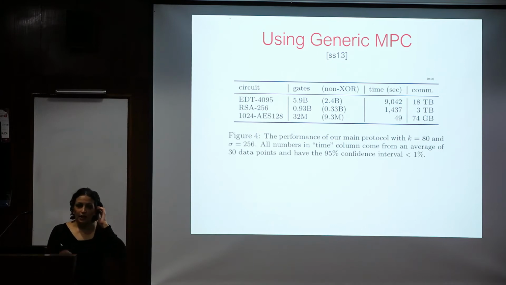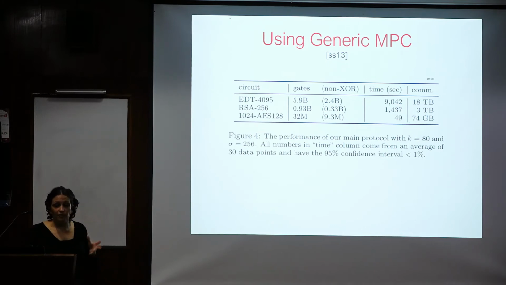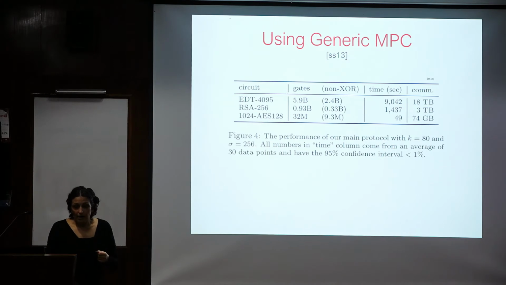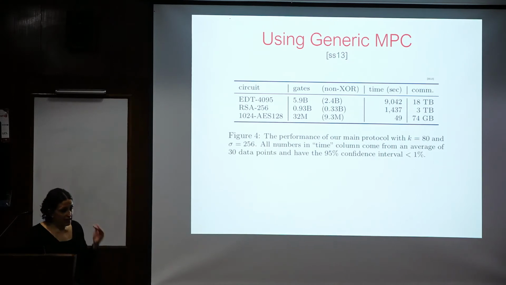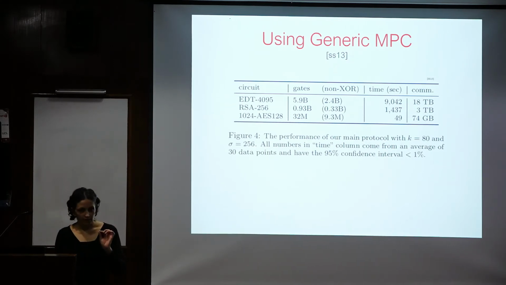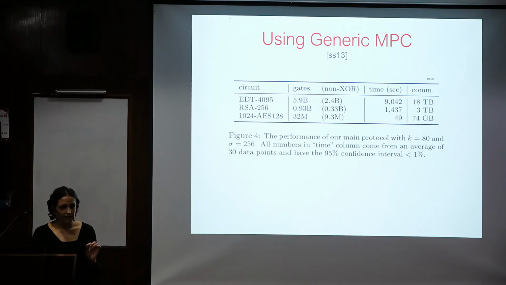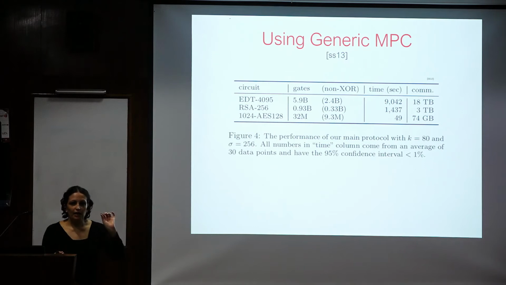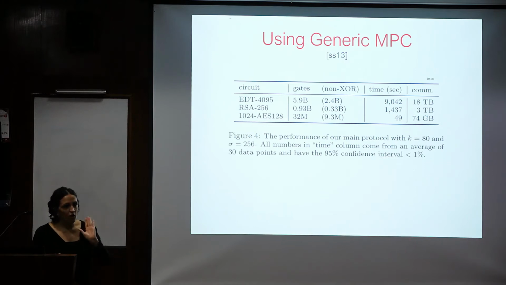So this was tested and checked by Shelat and Chen, where they designed a Boolean circuit for this task. This RSA 256 means that it computes the product of only two primes of 256 bits length.